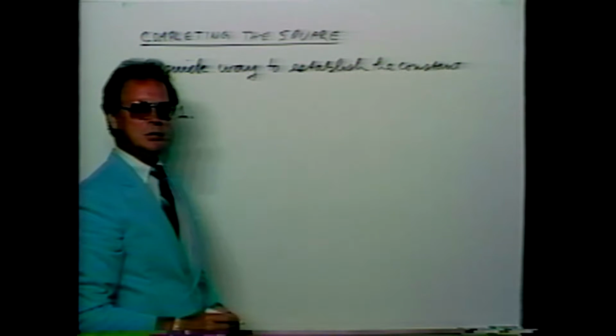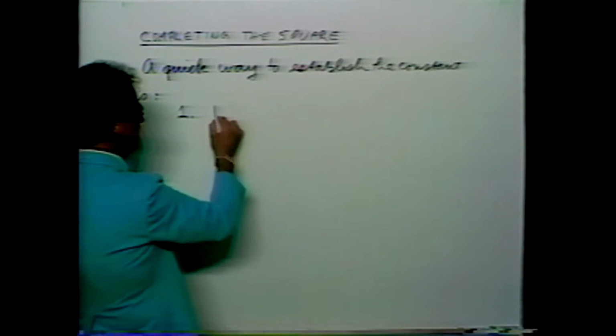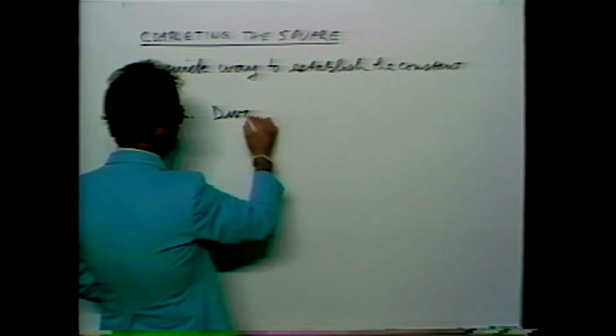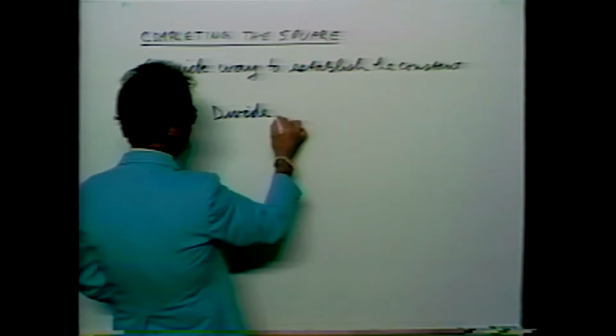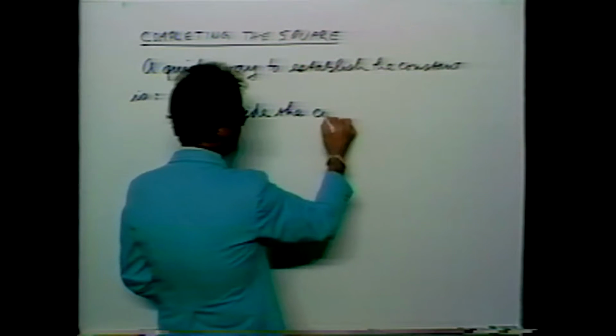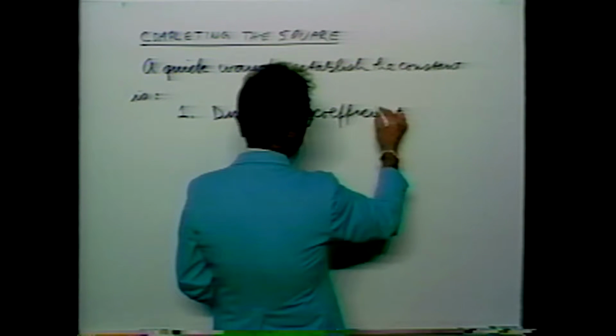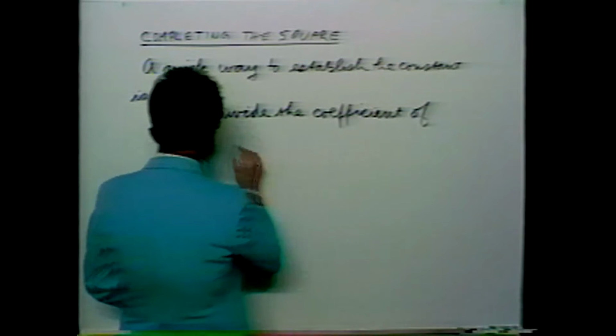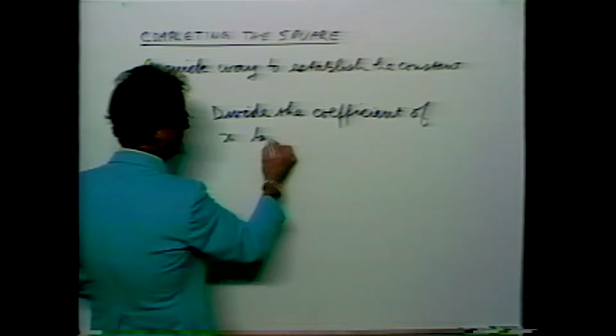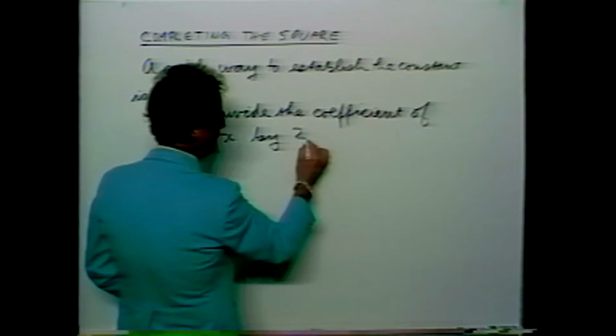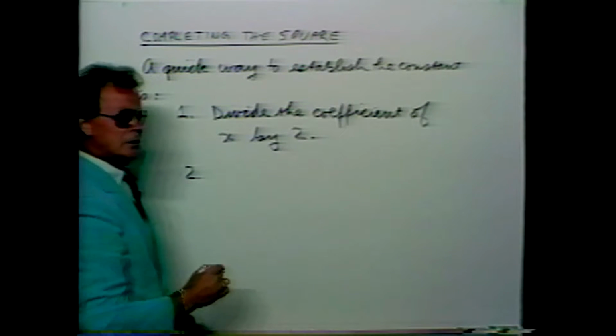Divide the coefficient of x by 2. Square the result.